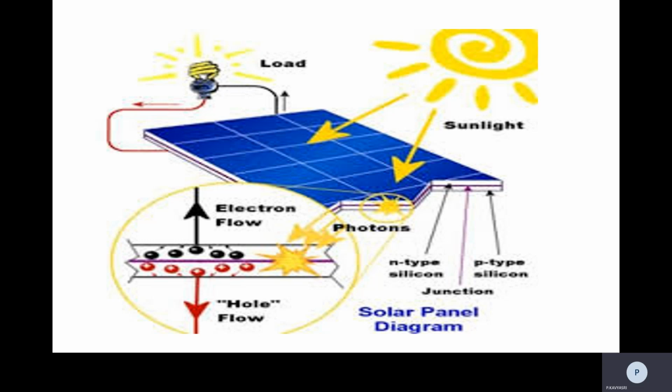The neutral atoms break down into holes and electrons, and the depletion region has an electric field. Because of that electric field, electrons move towards the n-type region and holes move to the p-type region. Because of this, a potential difference is generated at both ends, and if we place a light over there, it will glow. So it is a simple concept of the photovoltaic effect in solar panels.